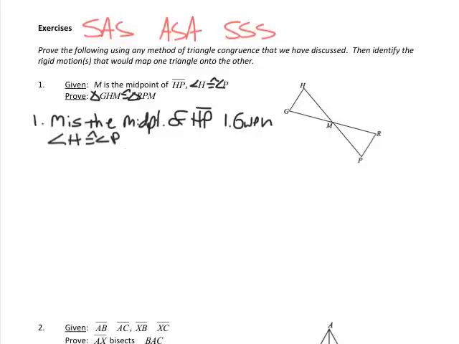So here's my given, and I'm going to mark up my diagram based on what I'm given. Angle H is congruent to angle P. I marked up these sides, but I really need a statement saying that they are congruent. So I'm going to say that HM is congruent to PM, and that is because of the definition of a midpoint.